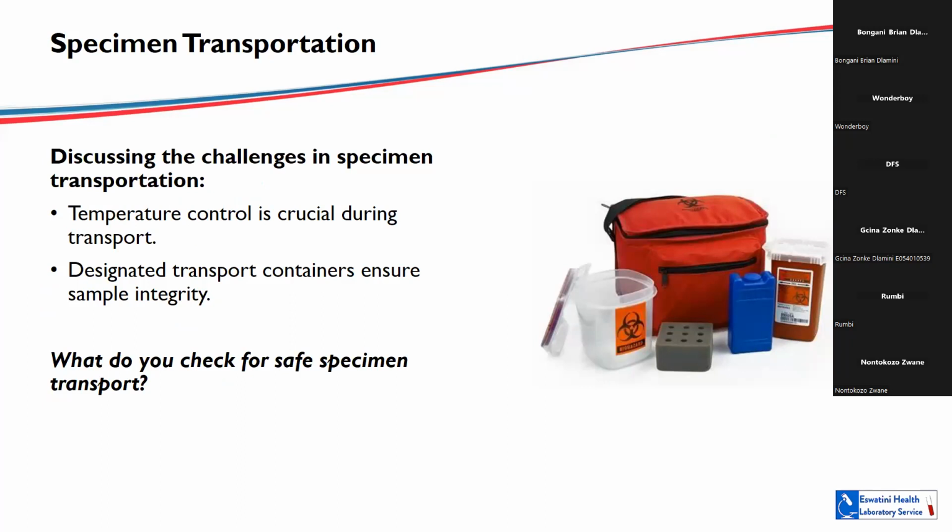We know that we should use the triple packaging system to transport our samples. So before we transport the samples, we should make sure that they are well packaged and well controlled for those that need a cold chain.